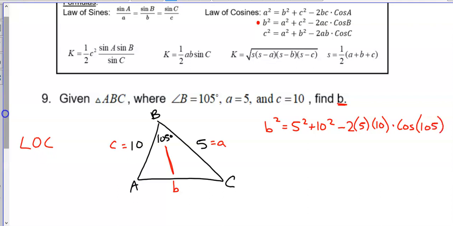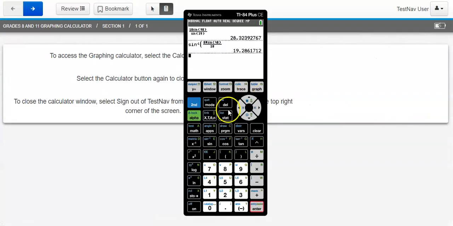Then what I usually do is I just crunch all of this stuff into the calculator, everything on the right side. 5 squared plus 10 squared minus 2 times 5 times 10 times cosine of 105. Punch all of that into your calculator. I guess I can do that as long as we need to do it anyway.